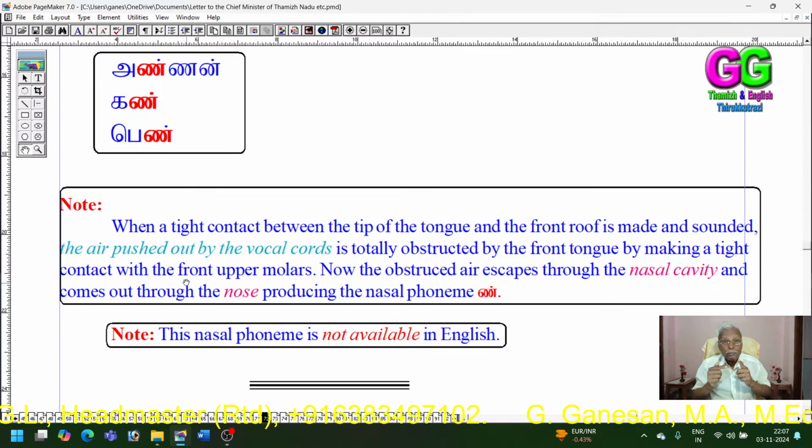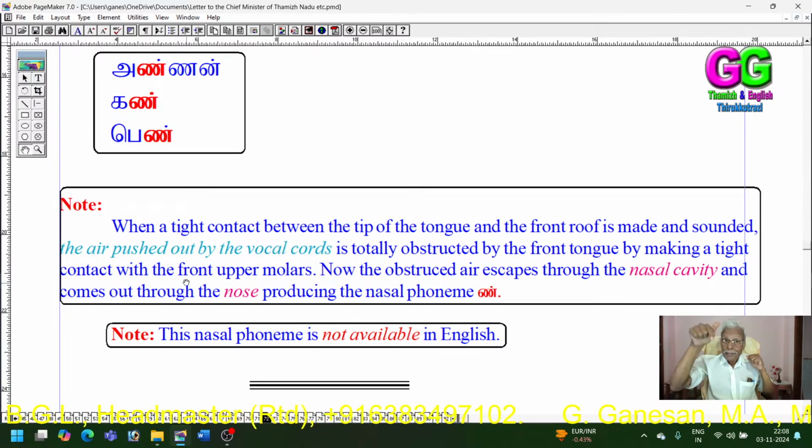When ல is produced, the tongue gives way for the air pushed out by the vocal cords, and the air escapes to the two sides of the tongue.